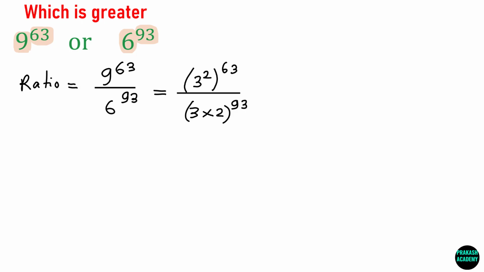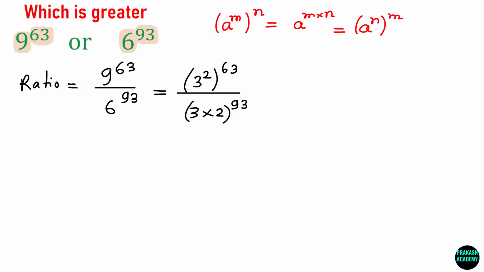Now here I will use rules of power. That is, if you have a raised to the power m raised to the power n, this can be written as a raised to the power m times n. Or this can also be written as a raised to the power n raised to the power m. So this is one rule.